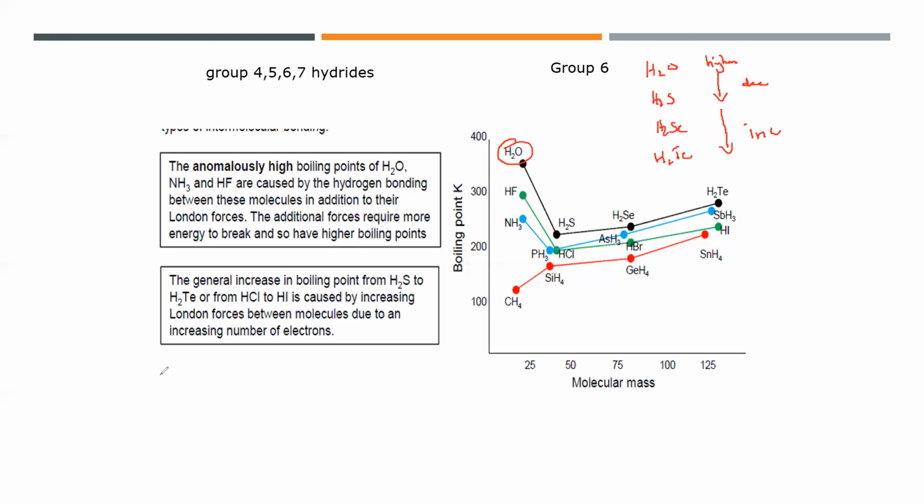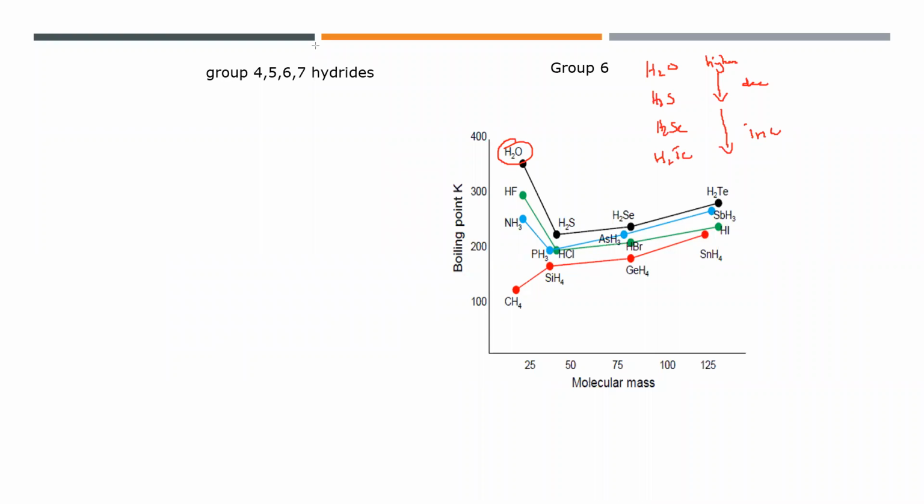First, in case of water, there is a hydrogen bond. You have hydrogen forming a bond with oxygen. Oxygen is more electronegative. This bond is formed in three cases: when hydrogen forms a bond with oxygen, with nitrogen, or with fluorine.